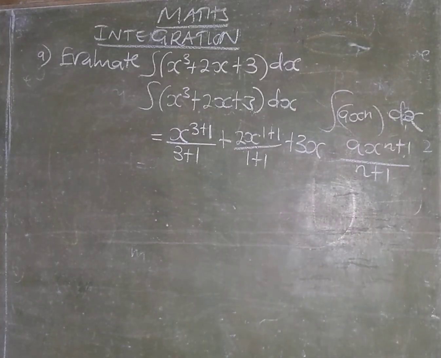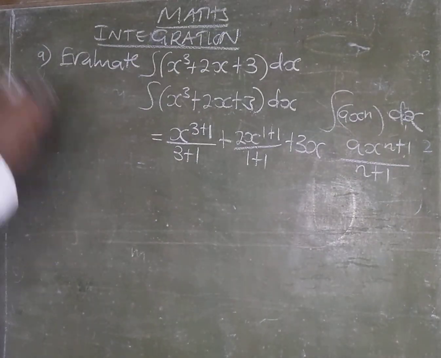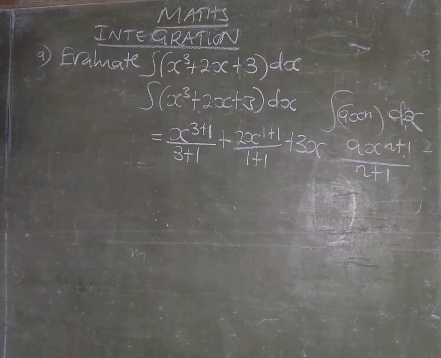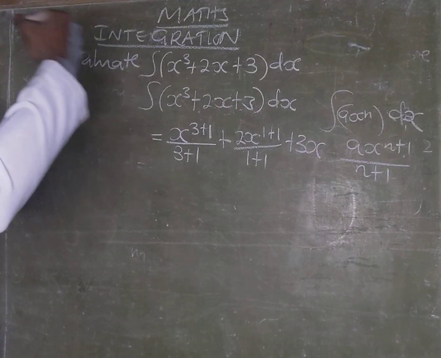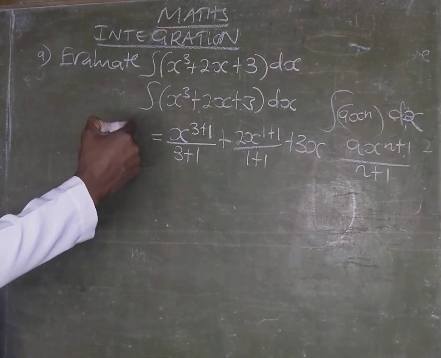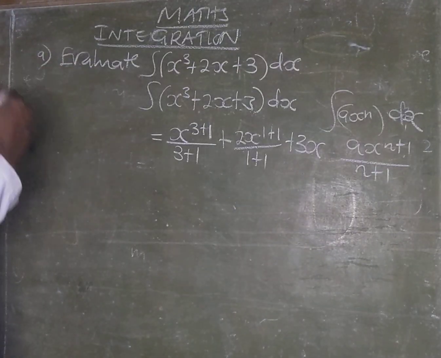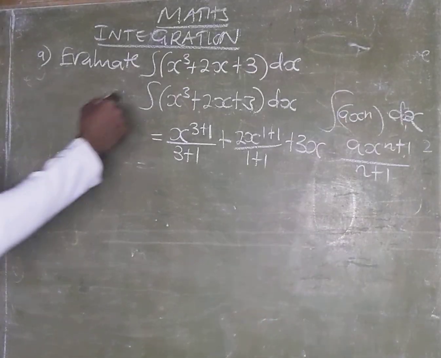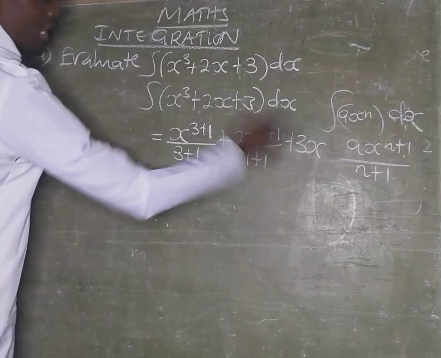Mark that: any constant number under integration will gain x. Since we are doing the antiderivative, which is the opposite of differentiation, we make any constant number gain the variable. In this case it is 3, so 3 has gained the x there.